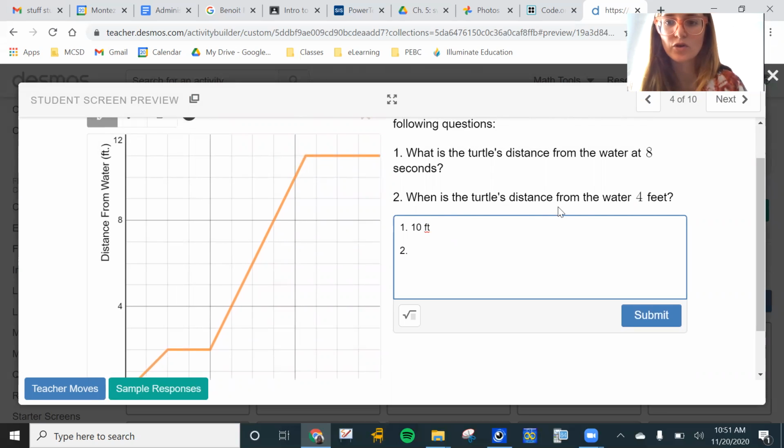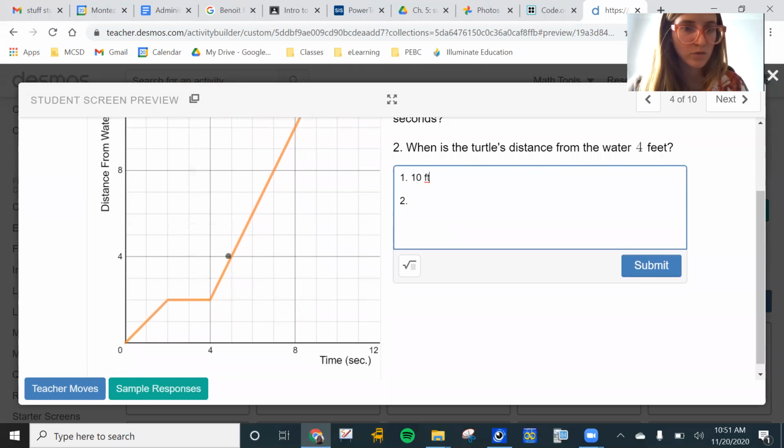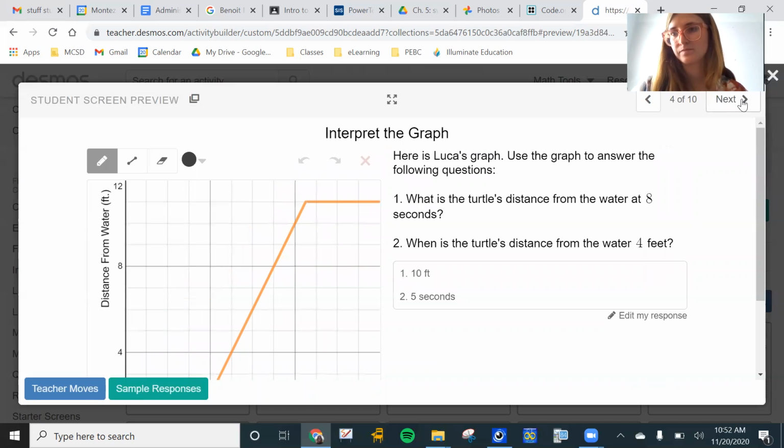And then when is the turtle's distance from the water 4 feet? On the y-axis is the distance at 4 feet. We're at time 5 seconds.